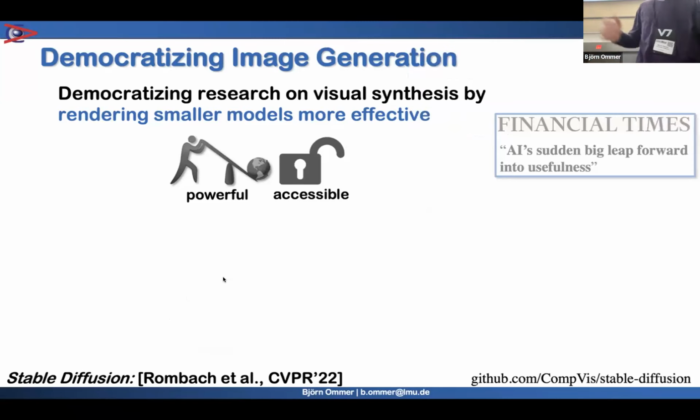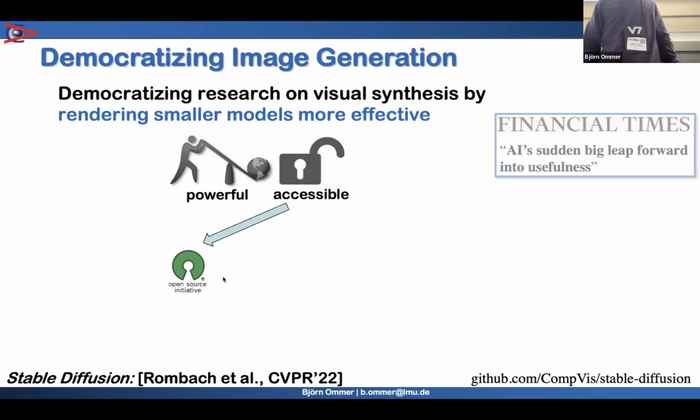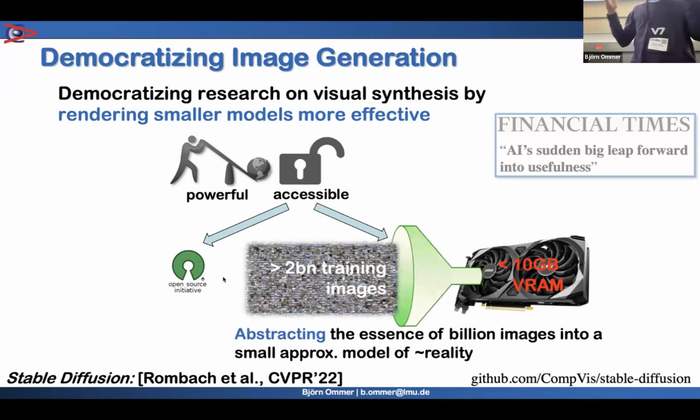That means we want them to be powerful, but at the same time, we also want these models to be accessible. And with accessible, I mean not only that we release them open source, we released stable diffusion open source when we delivered that, but at the same time, we wanted these models to work right from the bat on standard consumer hardware, meaning that they should work on GPUs which you get for $300, $400. These days, they can work on a mobile phone.